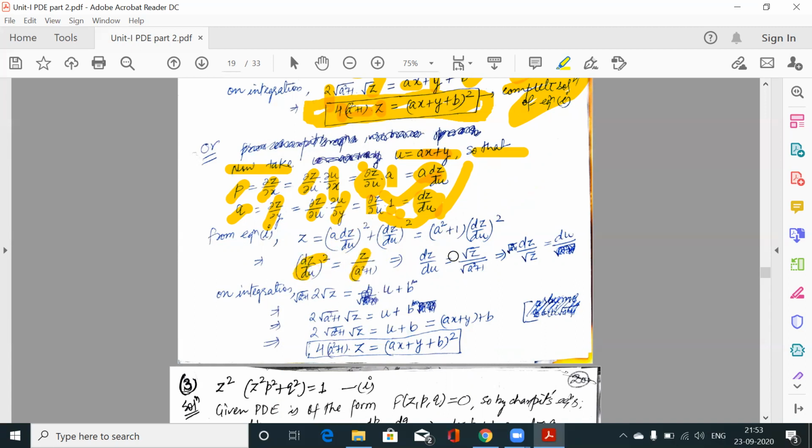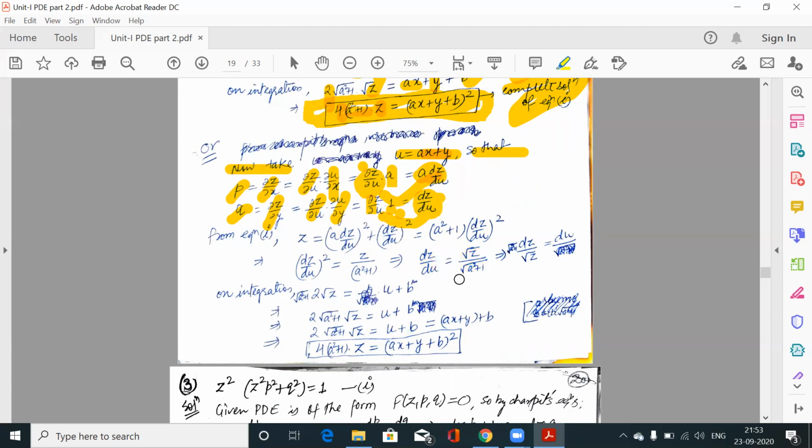Now taking the square root, dz over du is equal to square root z divided by square root of a square plus 1. So now this is an ordinary differential equation, a first order, first degree ordinary differential equation. We have methods like separation, homogeneous equation, linear, reducible to linear, exact differential equation.